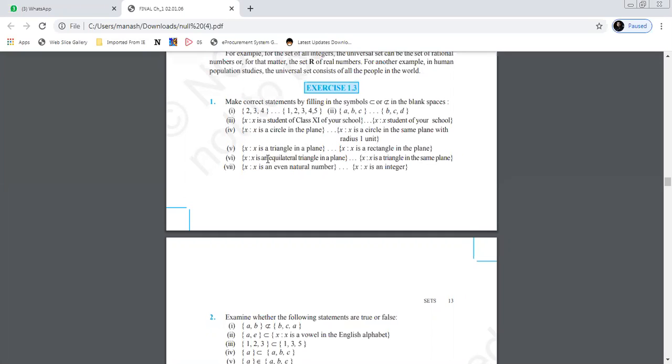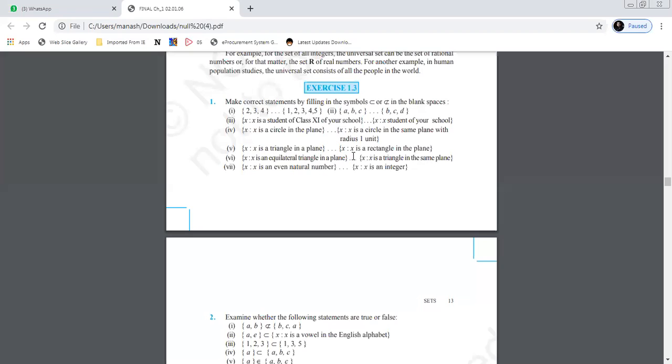Now see the next one. X such that X is an equilateral triangle in a plane. And next one, X is a triangle in the same plane. Is this one a subset or not? Yes, sir.